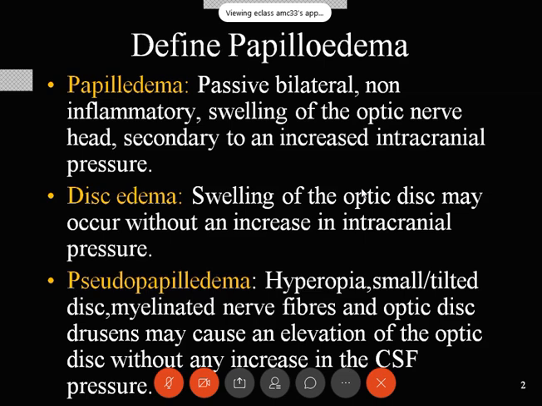Papilledema is swelling of the optic nerve head secondary to raised intracranial pressure.